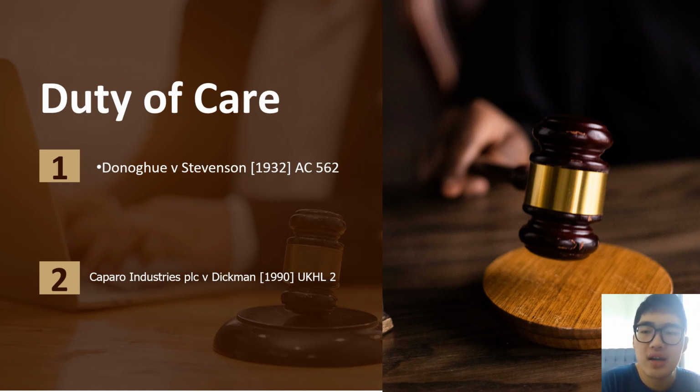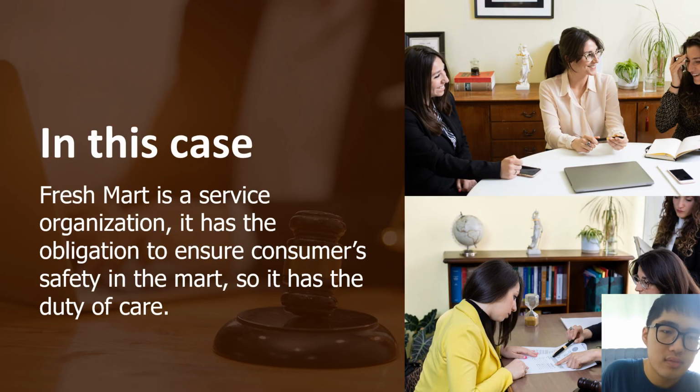Duty of care is like a driver should make sure that all of the passengers are safe. In this case, Freshmart is a service organization, so it has the obligation to ensure consumer safety. It has a duty of care.